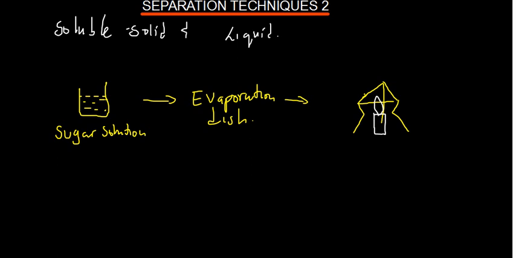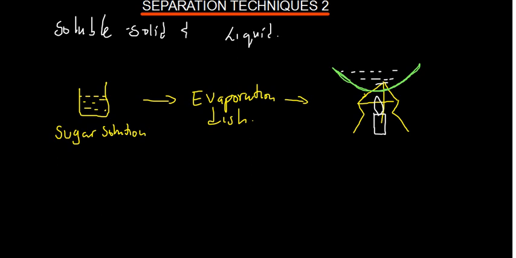And then I'm going to get an evaporation dish. I'm going to put it here. So this is what we're calling an evaporation dish. And then I'm going to get the sugar solution. I'm going to pour it here, right?